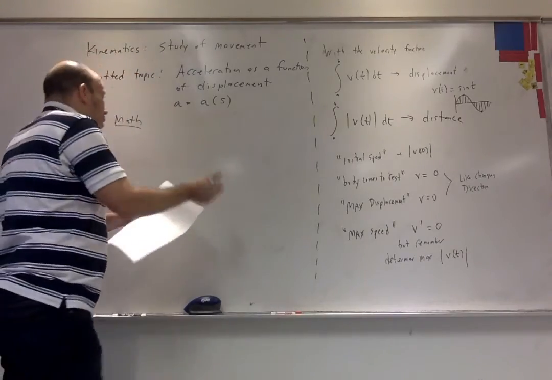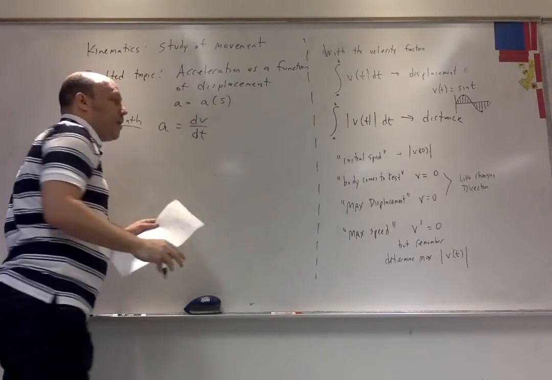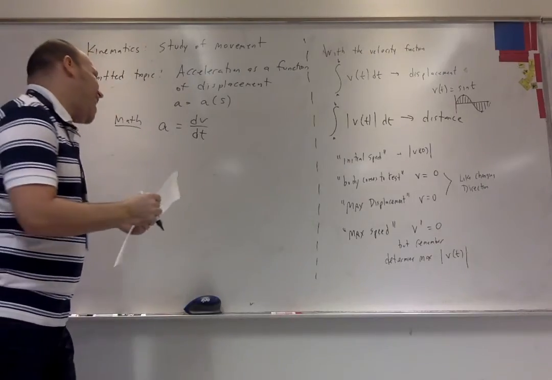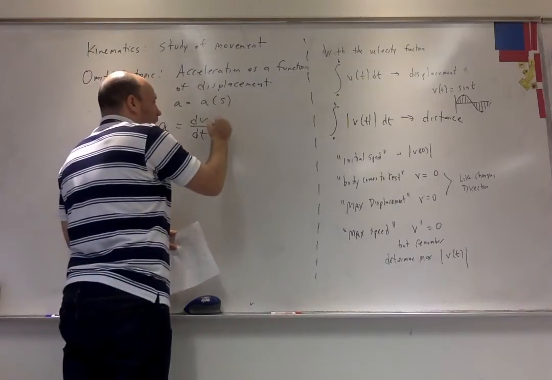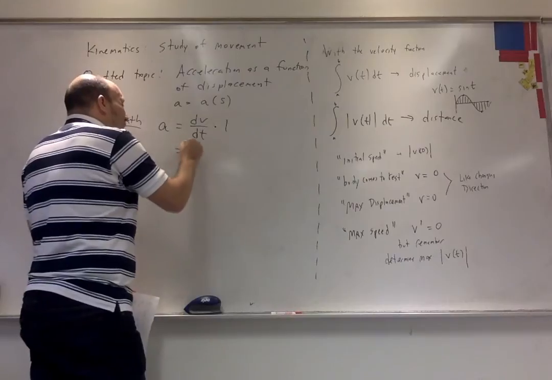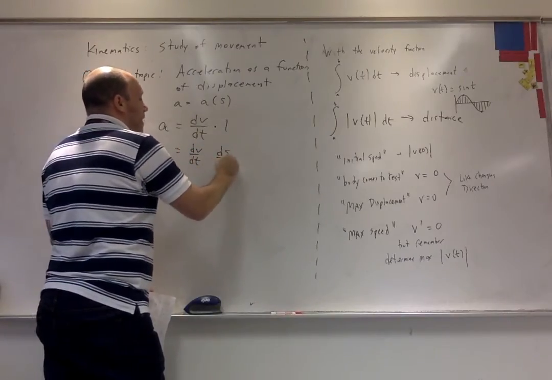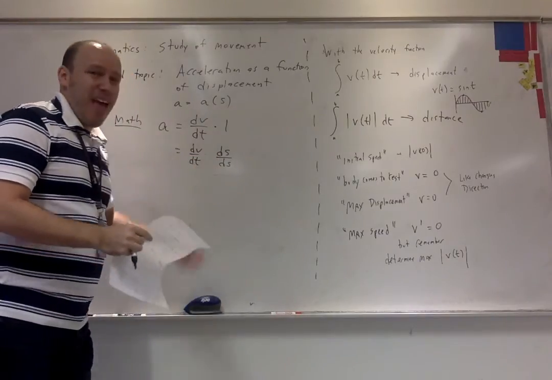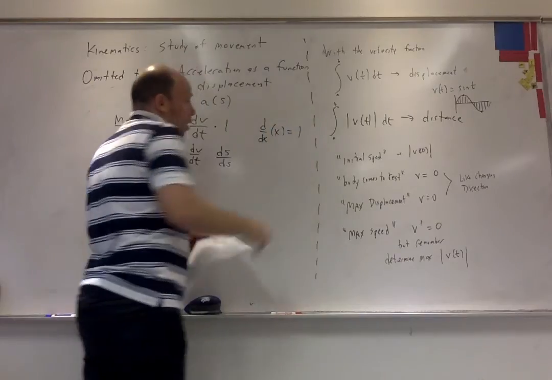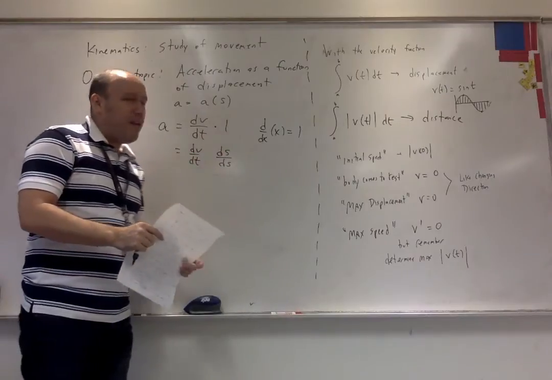So we know that acceleration is the derivative of velocity with respect to time, correct? Well, I technically could multiply this by 1, right? And I do technically know that 1 is the derivative of s with respect to s, in the same way that the derivative of x is 1, so the derivative of s with respect to s is also 1.